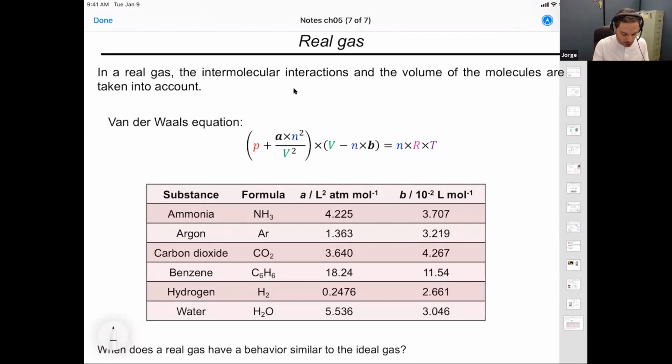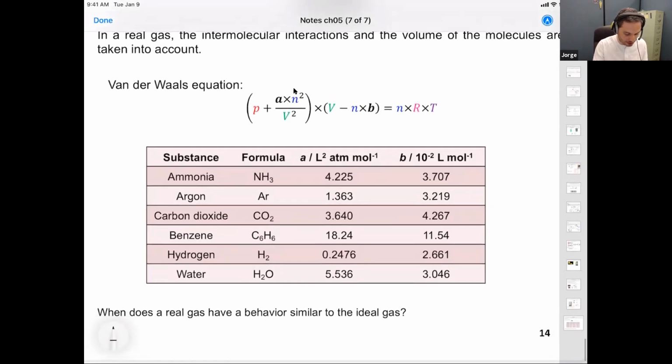The conditions that the real gas behaves as an ideal gas, remember, is low pressure and high temperatures.